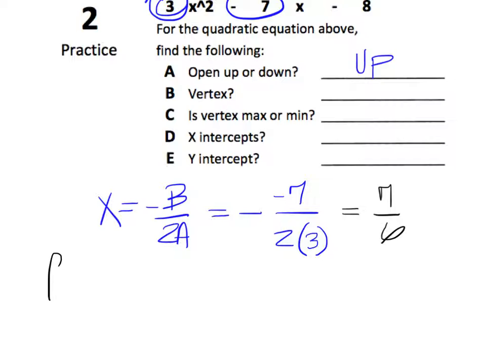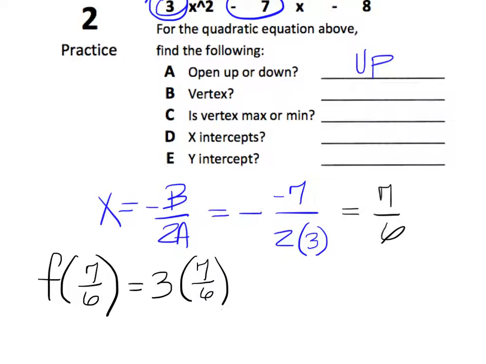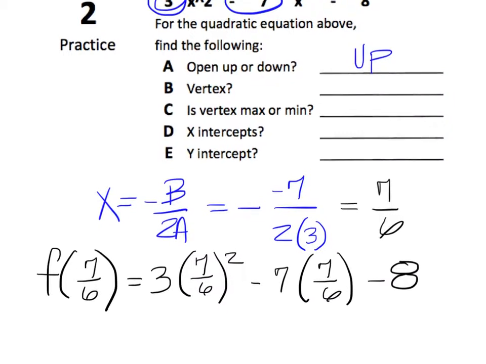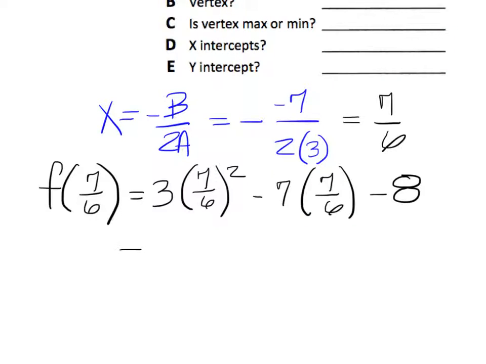You do not want to round this before you find the y. That's why you have to do f of 7 over 6 equals 3 times the quantity squared of 7 over 6 minus 7 times 7 over 6 minus 8. And in your calculator, you will do the quantity squared, which means in parentheses 7 divided by 6, close the parentheses, and then hit the square button.